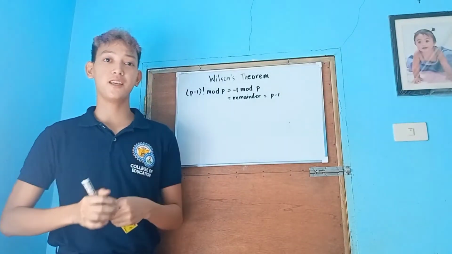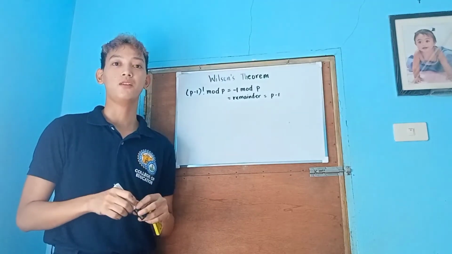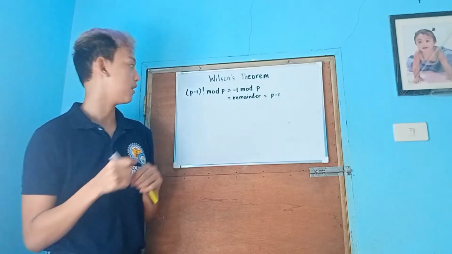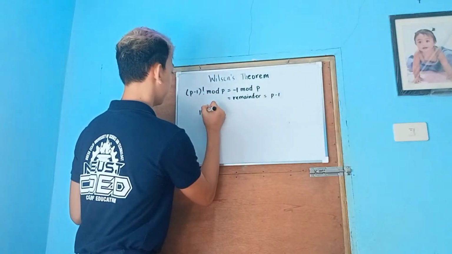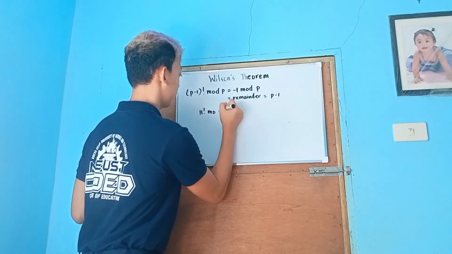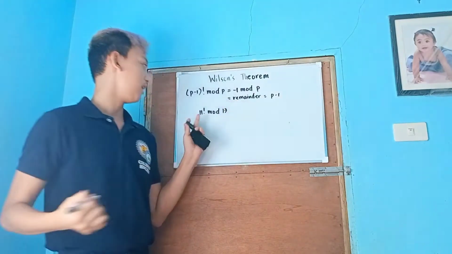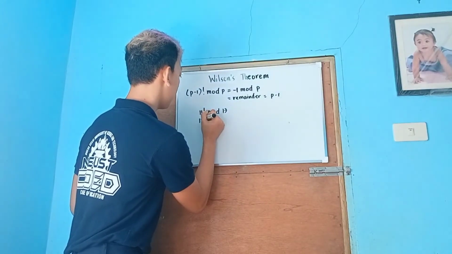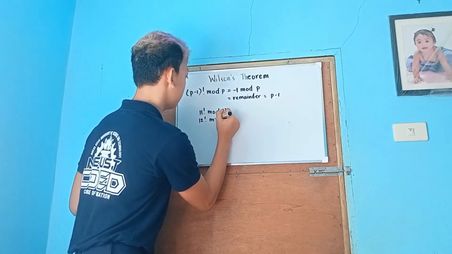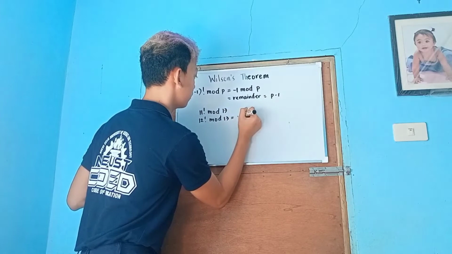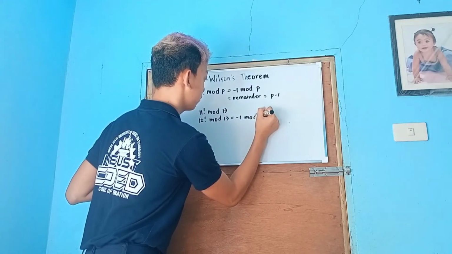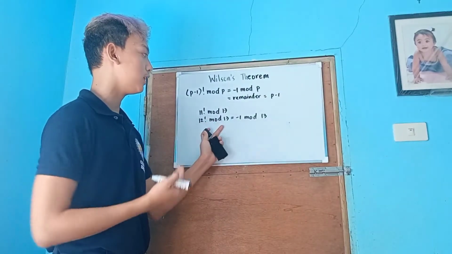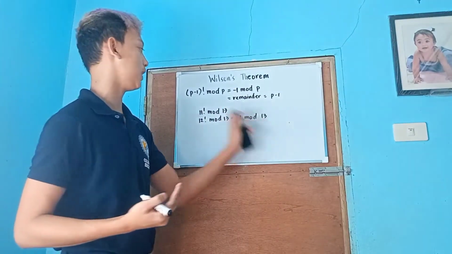So, let us proceed to our next example. But this time, let's try to upgrade the given. Let's say 11 factorial mod 13. Then it becomes 12 factorial mod 13 equals negative 1 mod 13.